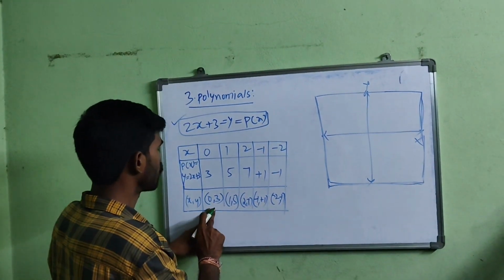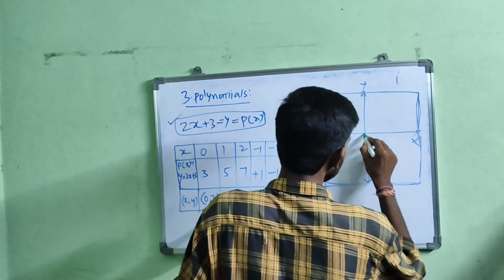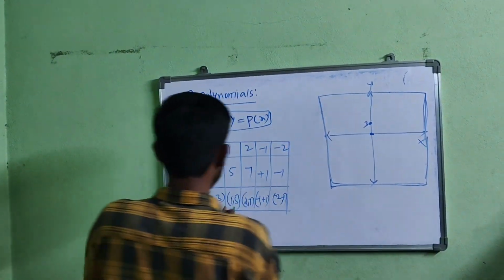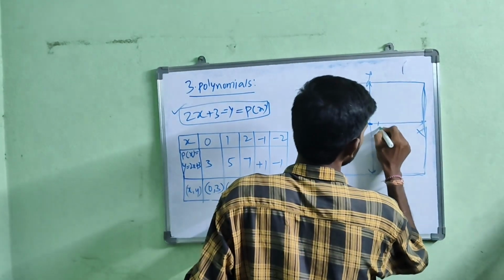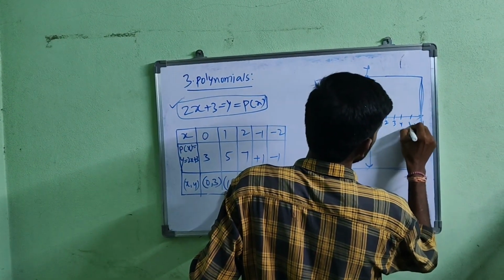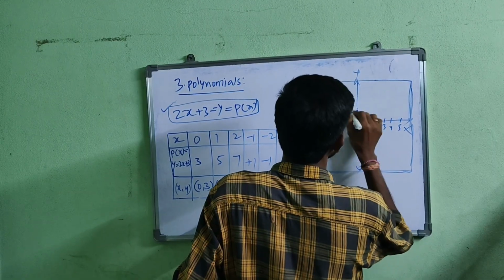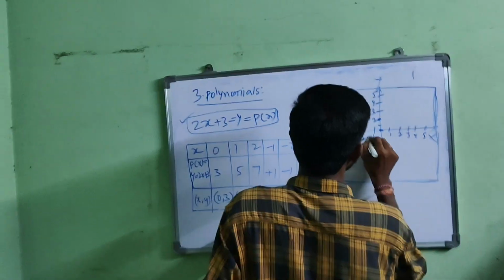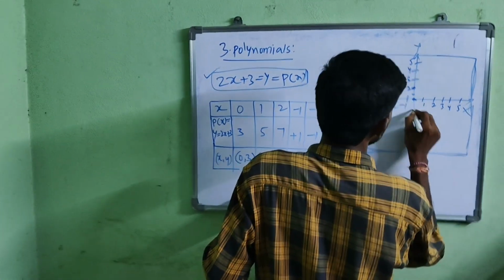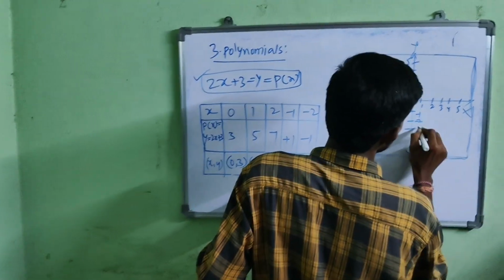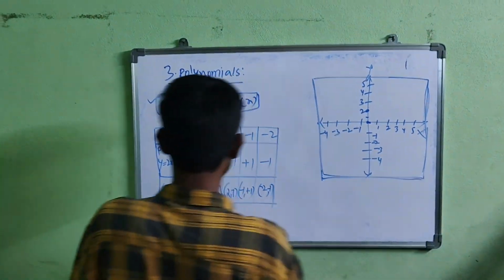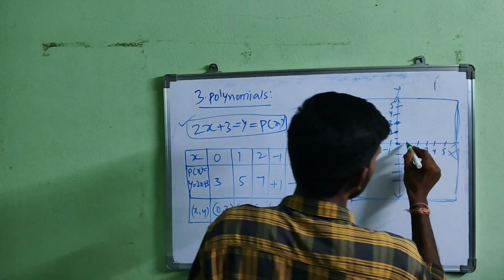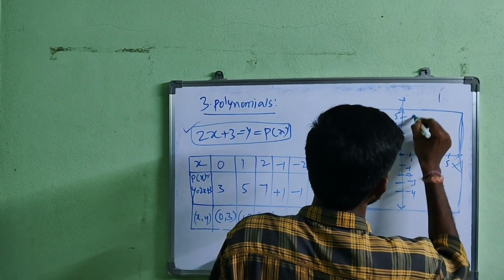Now what is the first one? 0 comma 3. 0 is the x, y is 3 here. Next 1 comma 5. First of all we need to mark 1, 2, 3, 4, 5 and minus 1, minus 2, minus 3, minus 4. 0 comma 3 here. 1 comma 5, here 1 and 5.